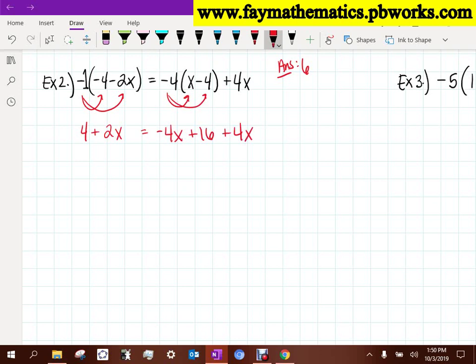All right, so as you guys are working through, obviously I don't want to go all the way because I don't think I give you enough time yet. But we should have, after we distribute, 4 plus 2x equals negative 4x plus 16 plus 4x.